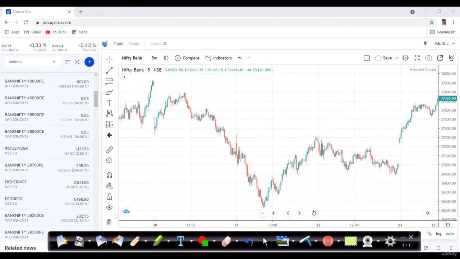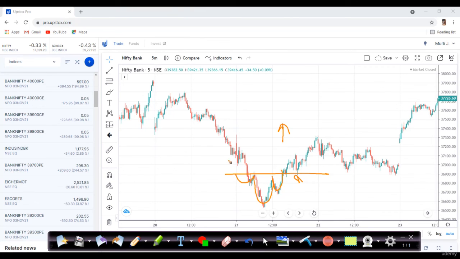Suppose the neckline itself is your resistance line. Suppose this is a resistance and it is also acting as a neckline. That means there is a high chance that when the market breaks this, it will break very forcefully and start moving upside.